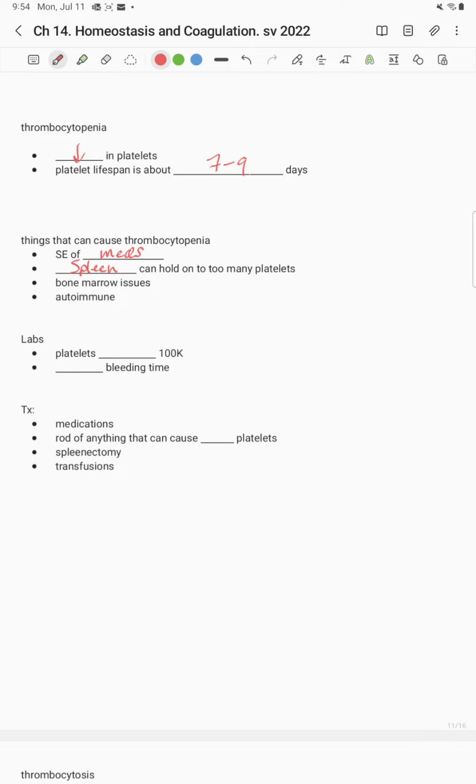So you'd run labs looking for platelets, and you're looking for low numbers. Keep in mind, normal is 250,000 to 350,000. The accepted low number of platelets is actually 50,000 or less.